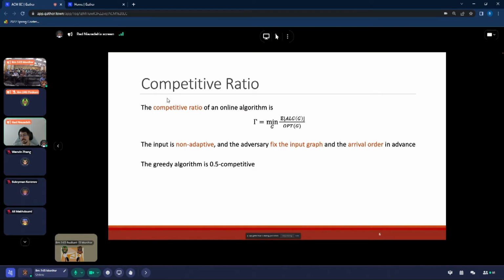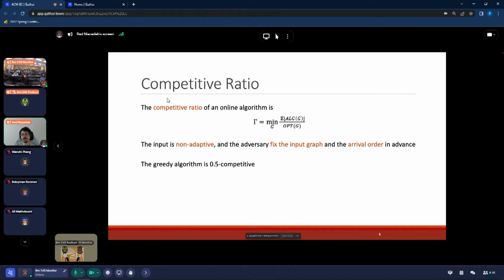For this problem, it is known that the greedy algorithm achieves a half competitive ratio. The greedy algorithm basically, after arrival of any online vertex, matches that online vertex to an arbitrary available offline vertex.